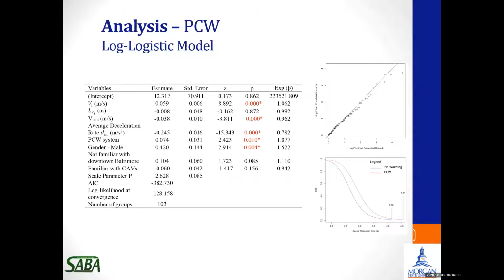The survival probability for the baseline is 21% compared to 43% for the PCW scenario. And at 4.5 seconds, it drops even more to only 5% in the baseline. So in the presence of the PCW system, participants have longer time to brake and transition to a smooth stop.